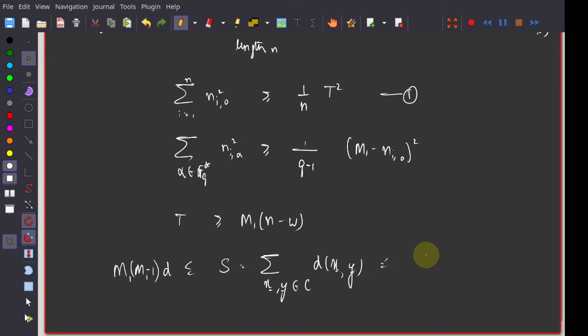But this is also equal to summation overall i equal to 1 to n, summation over alpha in Fq of ni alpha, equal to n times m1 square minus summation of ni alpha square.